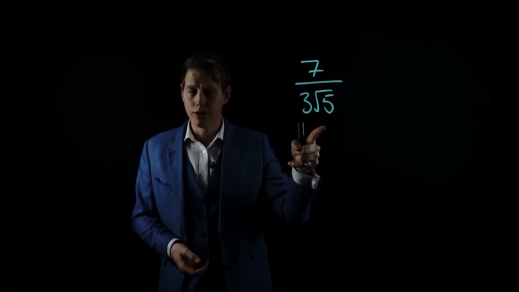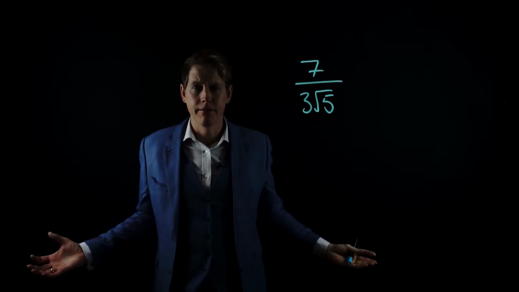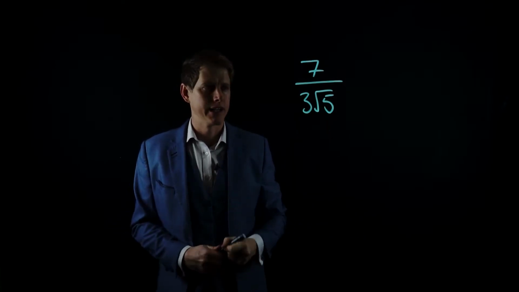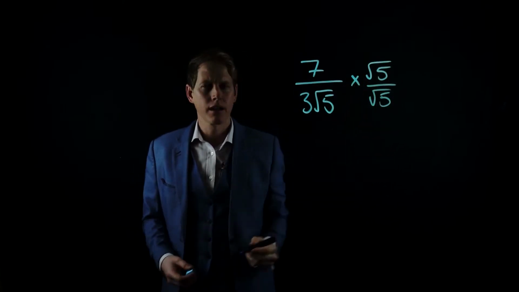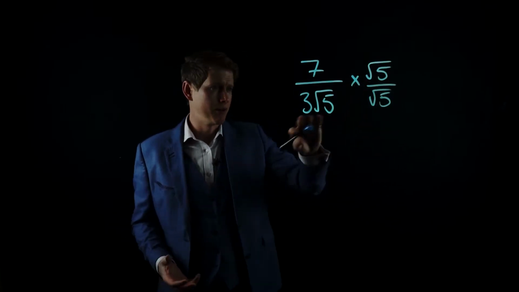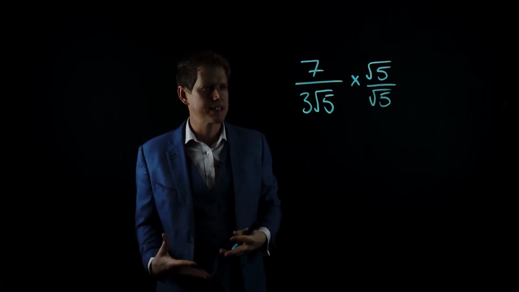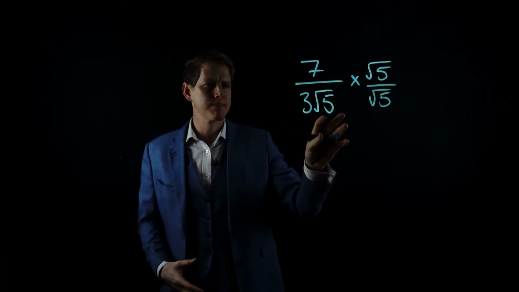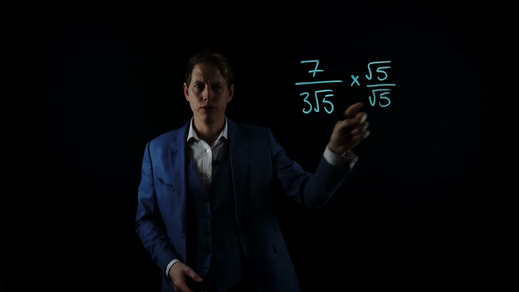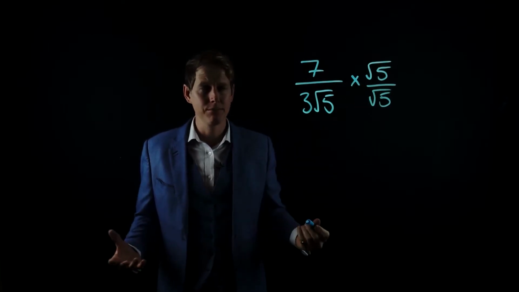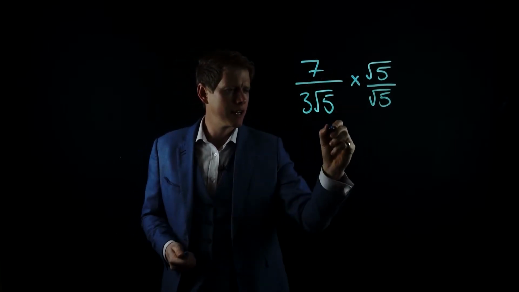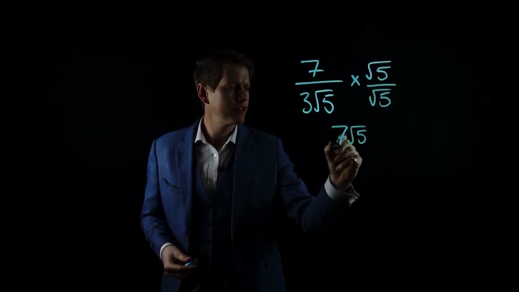Hate that it's got a square root on the denominator. Let's do something about it. Let's rationalise the denominator. Now, you could multiply them both by 3 root 5, but that complicates things a little bit. So all we're going to do is multiply it by root of 5 over root of 5. Let's simplify that. 7 times root of 5 is 7 root 5.